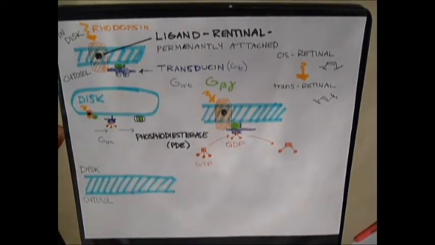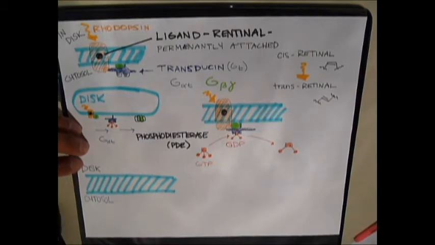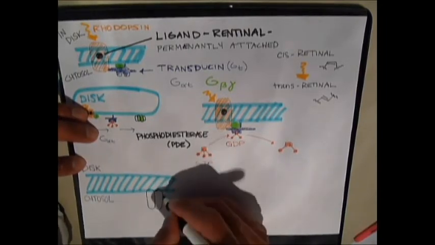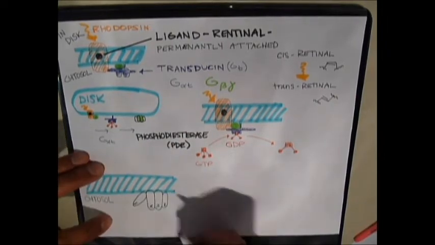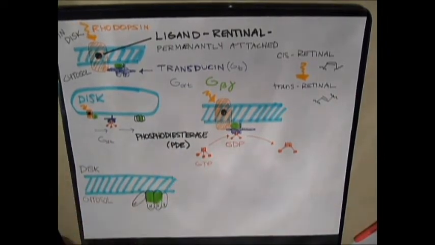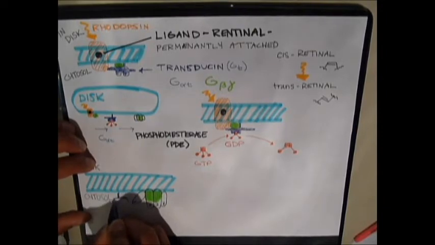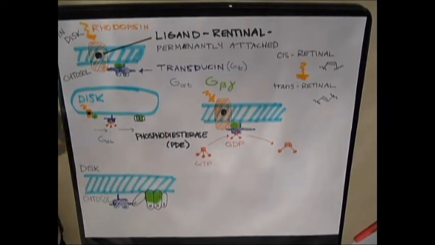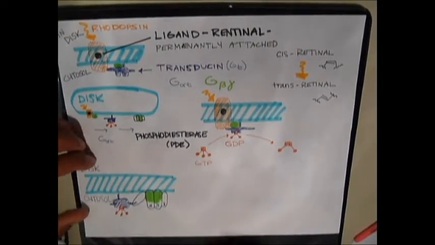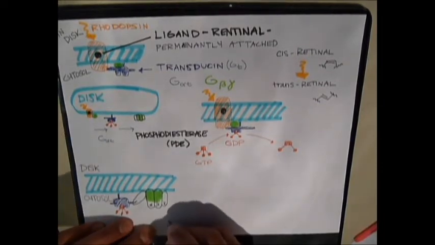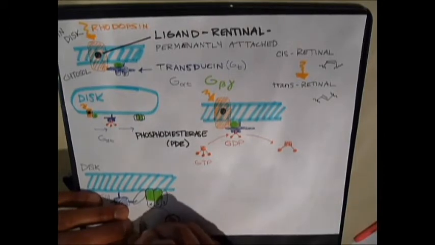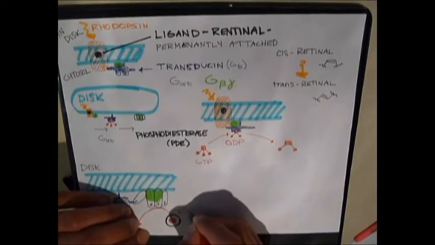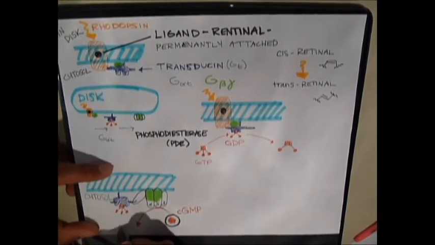So again, you have the disc membrane, the side that's inside the disc, and the cytosol. As transducin approaches a PDE, it has several components, two gamma, an alpha, and a beta. As it reaches the gamma portions of PDE, you're going to have cyclic GMP be converted into GMP.